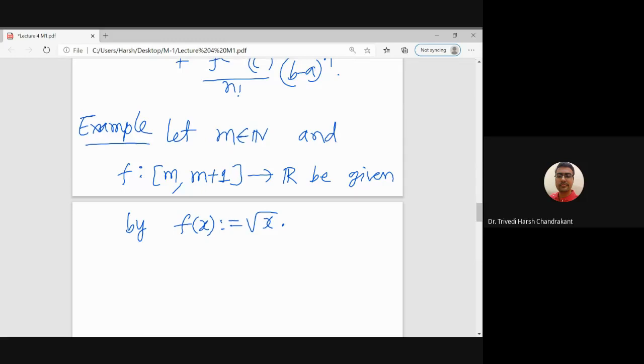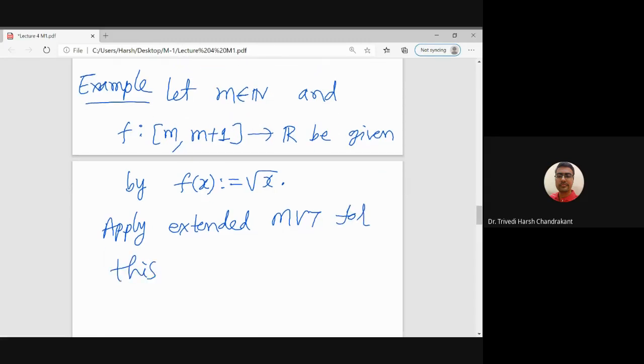So suppose we apply the extended mean value theorem on this function.